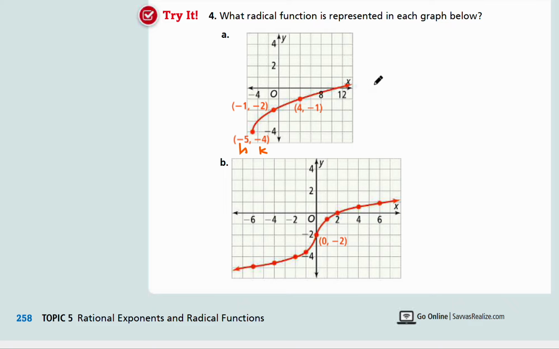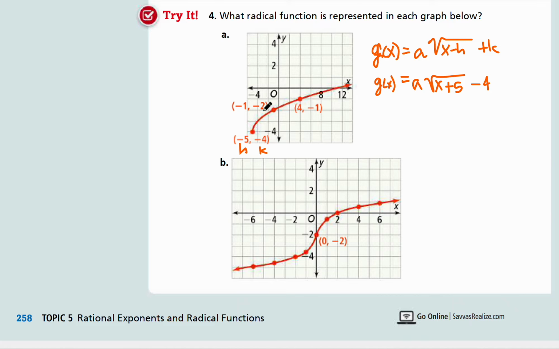And so we're going to use the function, let's say g of x is equal to a. We know this is a square root function because it has an endpoint and one arrow, right? A root of x minus h plus k, and that h is going to be -5, so it's x plus 5, and then you have -4.